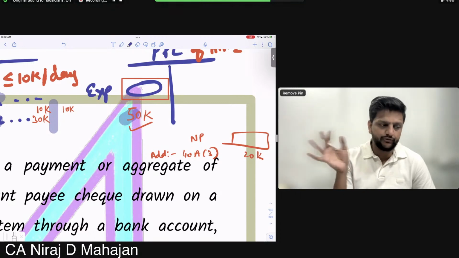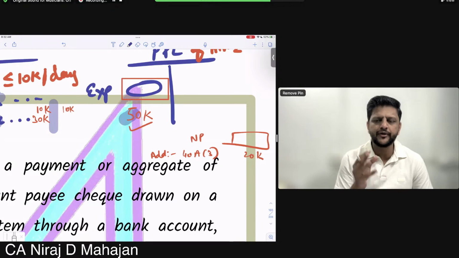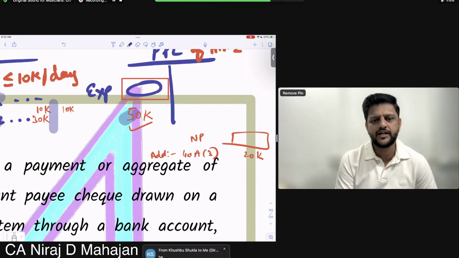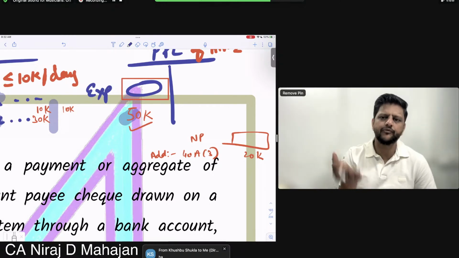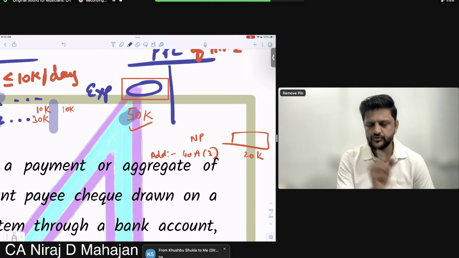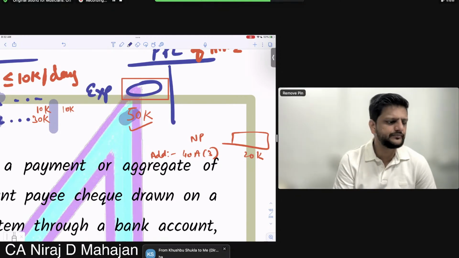I am removing the debit of 20,000. Disallow means not allowing the 20,000 rupees expenditure. So I am removing the debit, my net profit will increase. So we add that 20,000 rupees to my net profit. All of you understood? Clear?